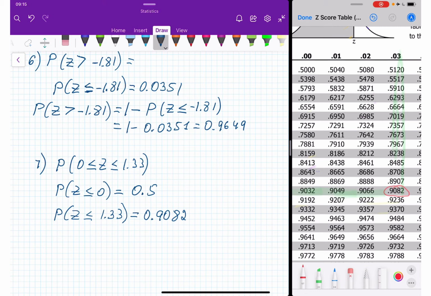Okay, and from here, probability z-score less equal z less equal 1.33, and this is equal 0.9082 minus 0.5, 0.4082.